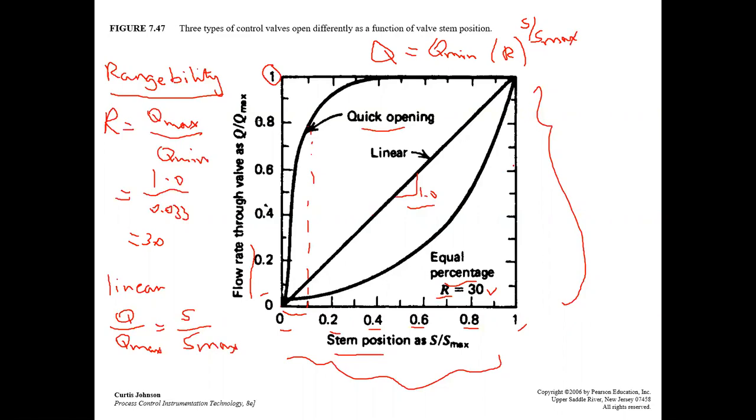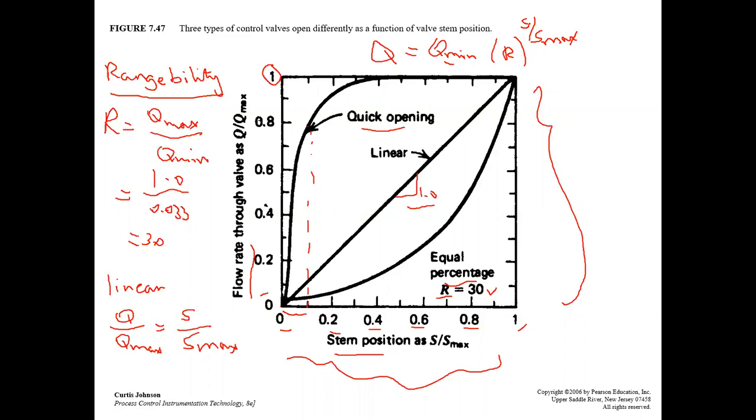For this example, R is 30 and Q minimum is 0.033. When you multiply 0.033 by 30 to the power 0, when S is 0, anything to the power 0 is 1, so 1 times 0.033 equals 0.033.